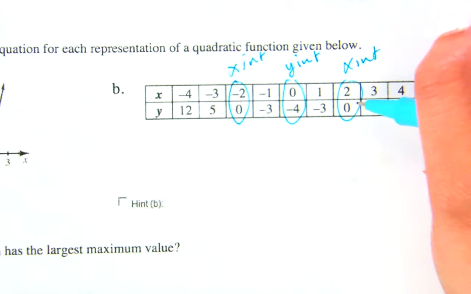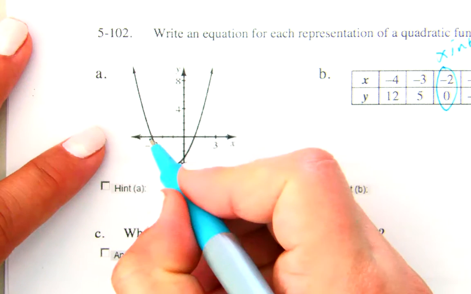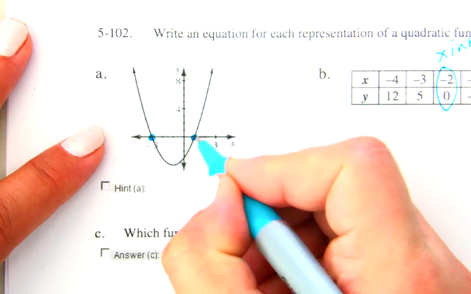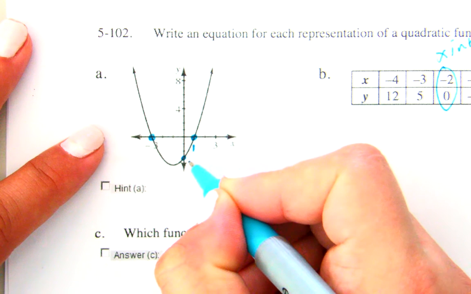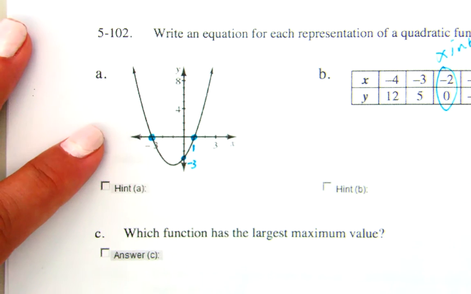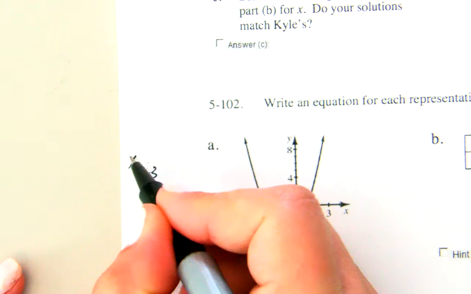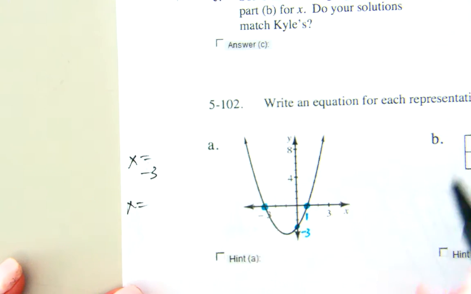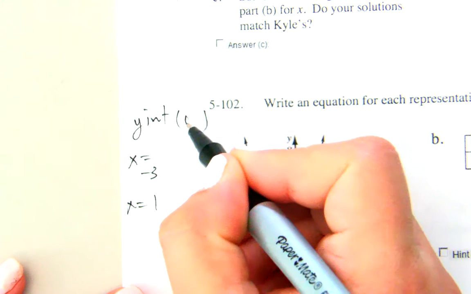Okay, so that's part B. Part A, your x-intercepts are at negative 3 and at positive 1. And then you have a y-intercept at negative 3 down here. So x equals negative 3, x equals positive 1, and you have a y-intercept at (0, negative 3).